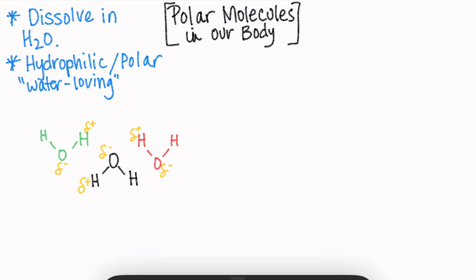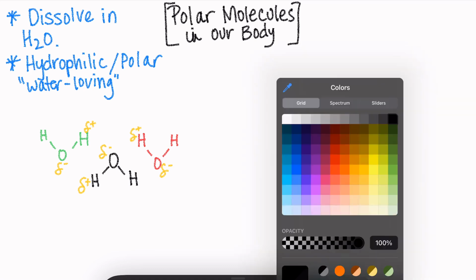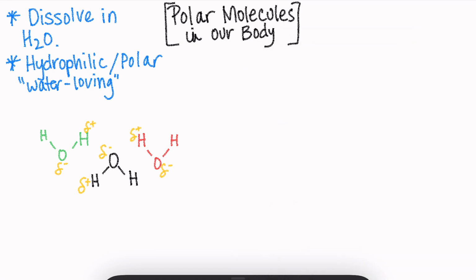So do you see what's happened here? These are going to be attracted to each other. Look at this. I'll use these purple dots to show where the positives are attracted to the negatives, like this. This is going to help these molecules stay close to each other. We call these hydrogen bonds.